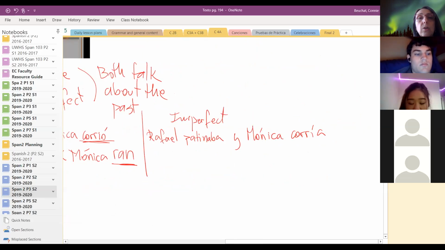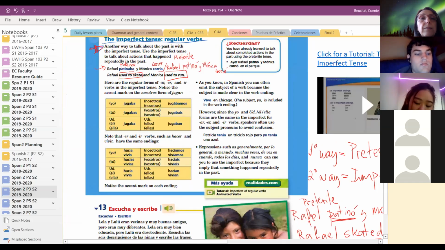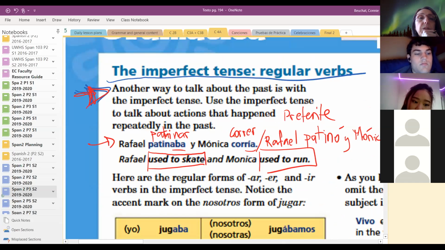So what is the English of that? Cici, what's the English of patinaba and corría? Rafael patinaba y Mónica corría. Just the English, like just translating it back.